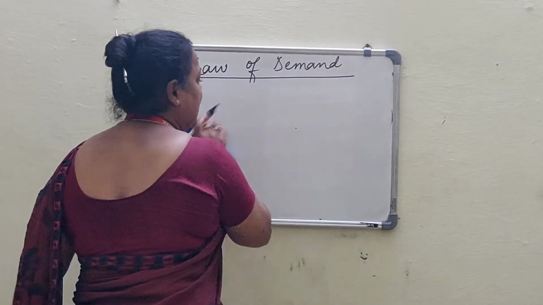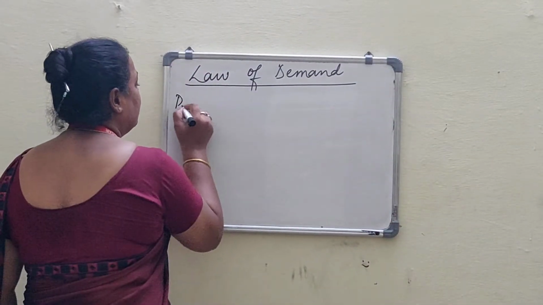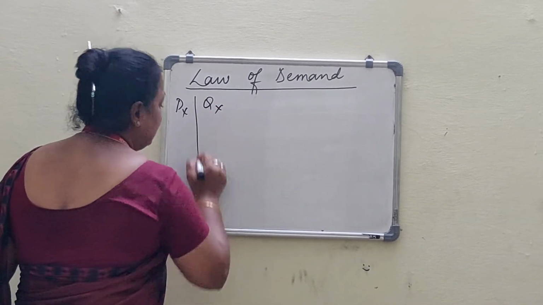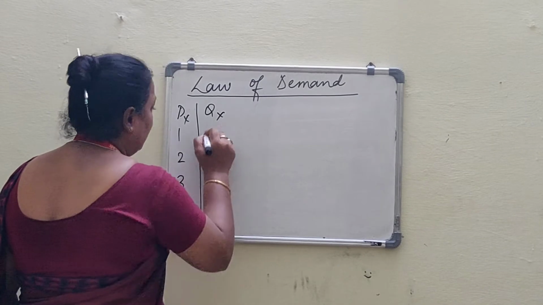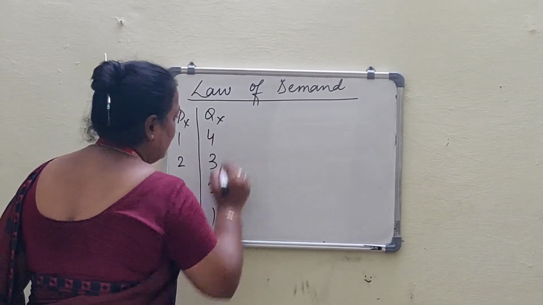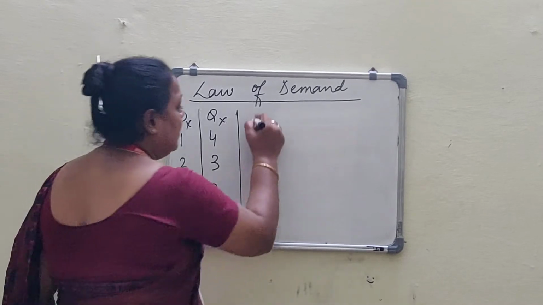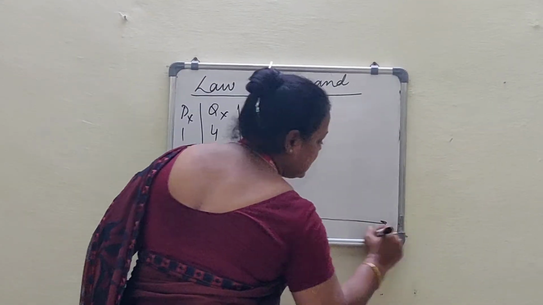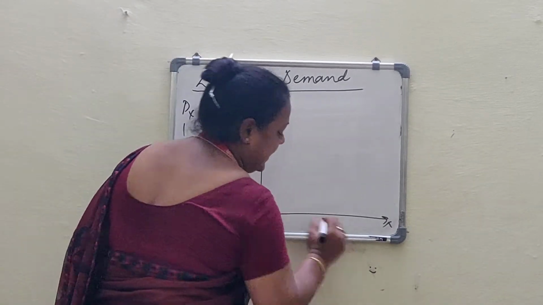When all this happens, what will be the expectation for this law? We have already studied it as a demand curve. But still, when we talk about the formal law, take the price of the commodity and the quantity of the commodity. Price is 1, 2, 3, 4 and quantity is 4, 3, 2, 1. Is that so? Having a negative relationship, what will happen? When the price of the commodity falls, the quantity increases.